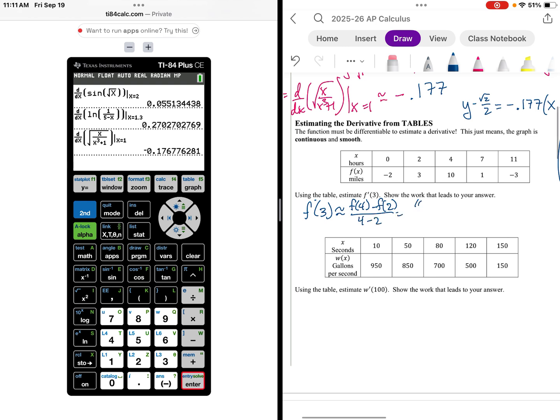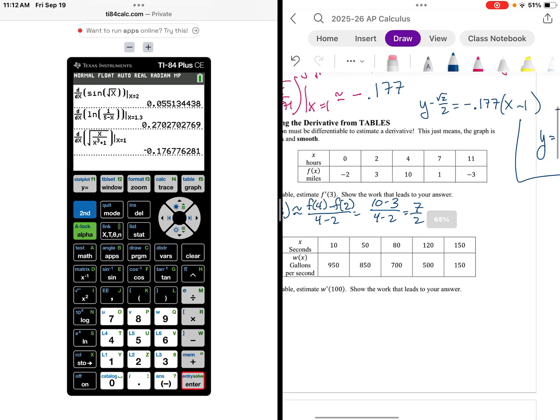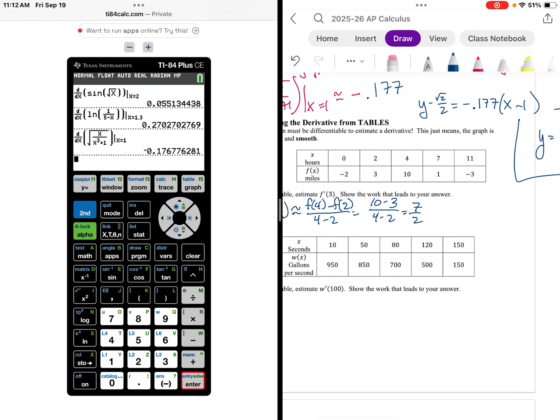So that would be 10 minus 3 over 4 minus 2, which would be 7 halves. So our slope would be roughly 3.5, and they have units here, miles per hour.